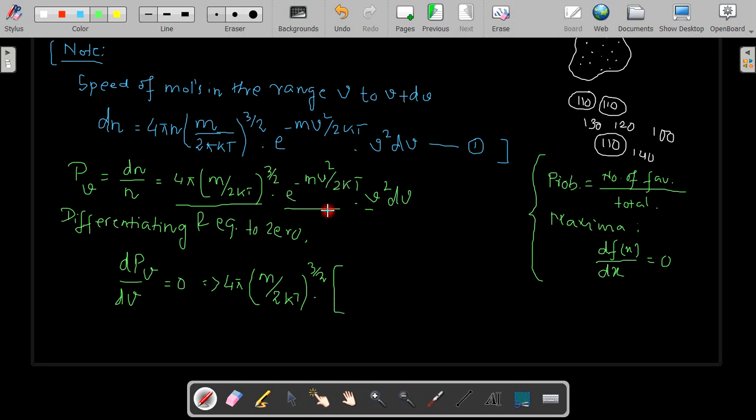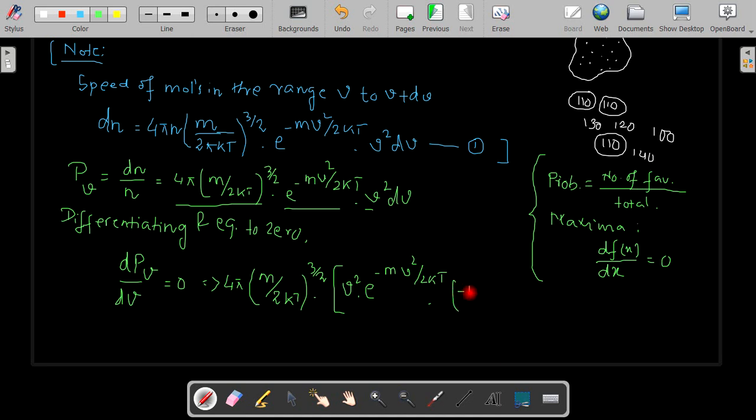Let me take the second term outside, and the first term I can differentiate. This can be written as e to the power minus mv square by 2 kT into d/dv of this term, right? So that's how we differentiate it.